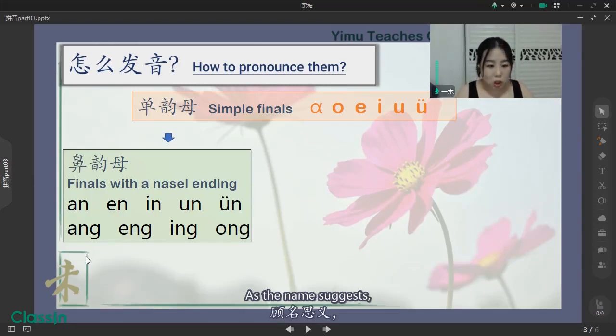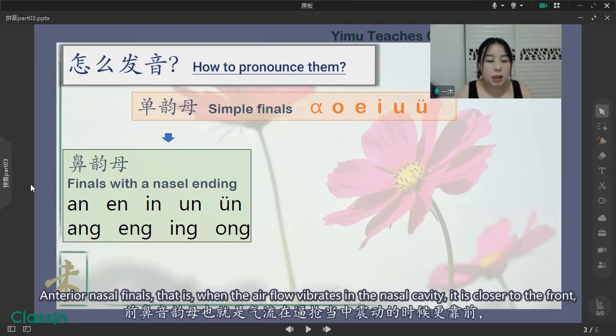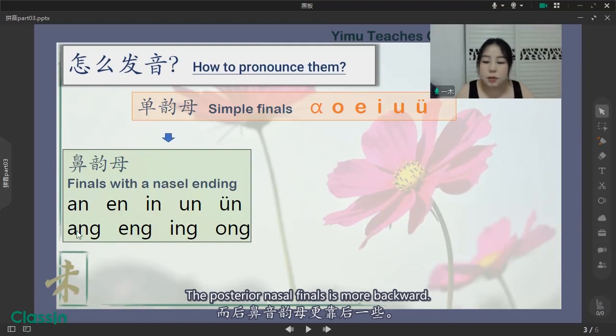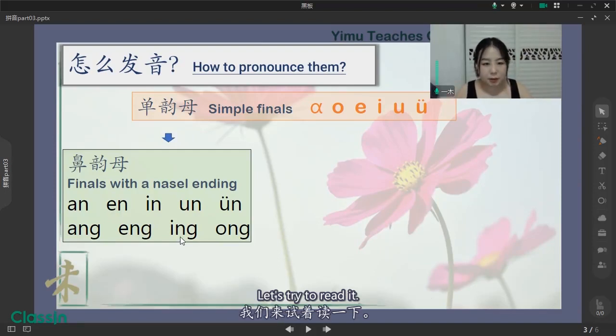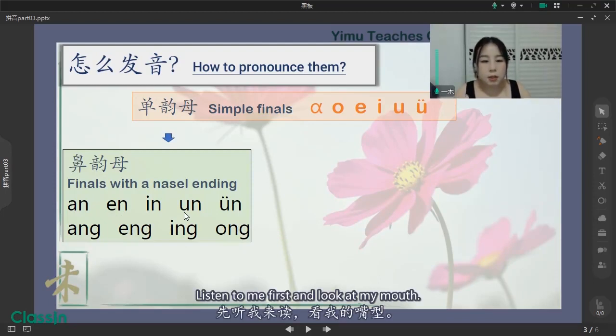As the name suggests, for anterior nasal phonemes, when the airflow vibrates in the nasal cavity, it is closer to the front. The posterior nasal phonemes are more backward. Let's try to read it. Listen to me first and look at my mouth.